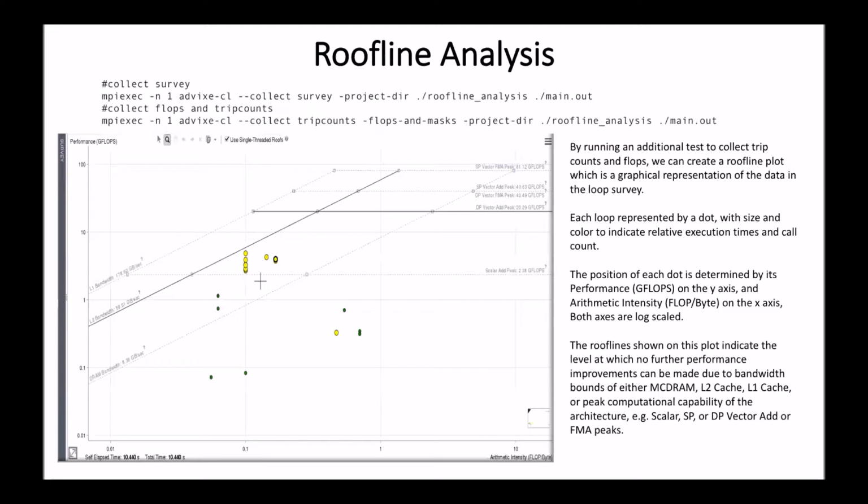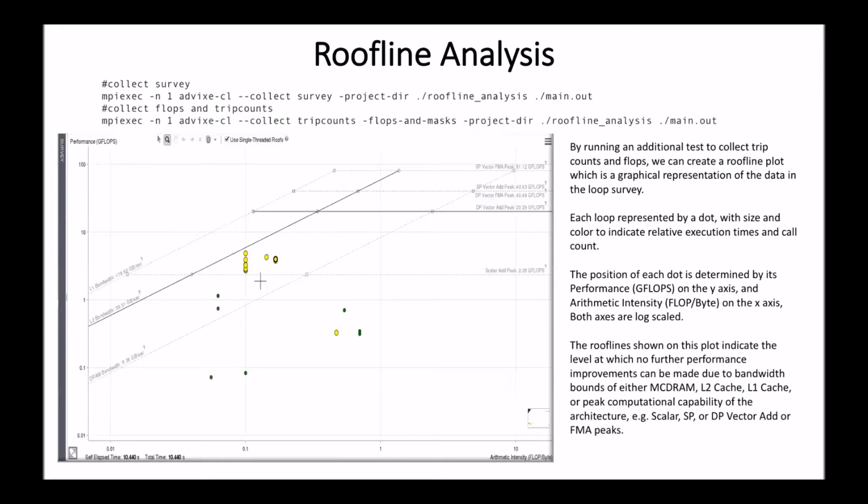The position of the dot, as you can see, well, I hope you can see the text on this plot, but the y-axis is performance in gigaflops, and the x-axis is arithmetic intensity, which is measured in flop per byte. So the position of this dot is measuring, of course, as I mentioned, performance and arithmetic intensity, and both of these axes are log scale.